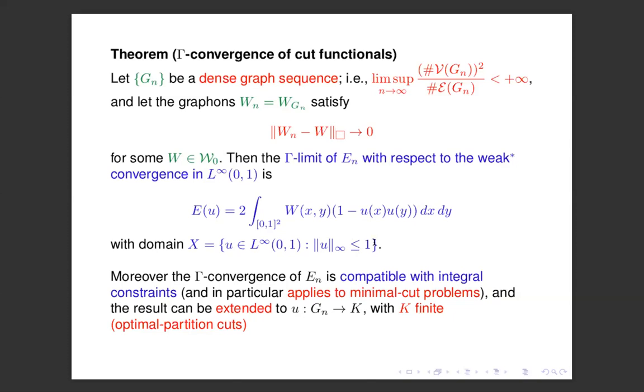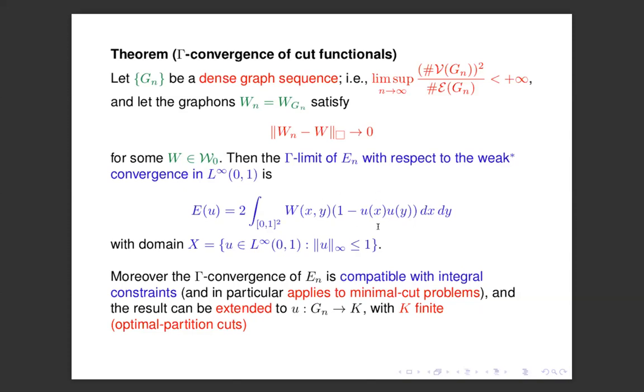So the limit energy does not have a sharp interface, but the u must be understood as a density of one of the two phases, and you have an energy which mixes the phases at the microscopic level.